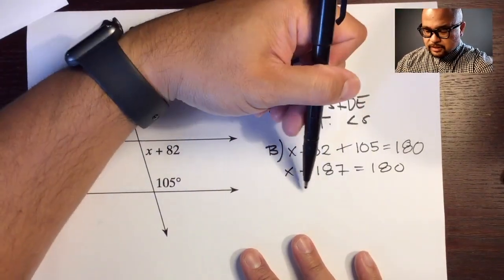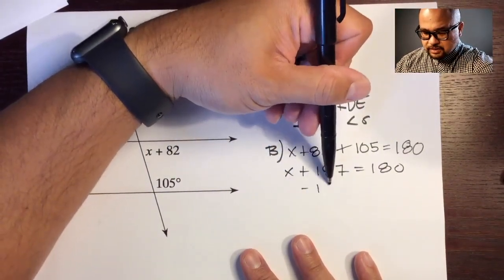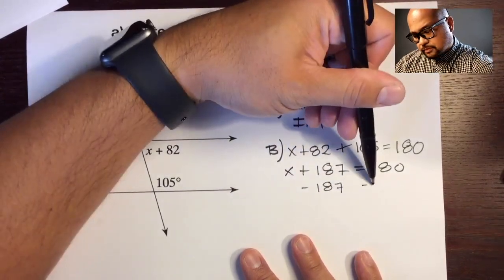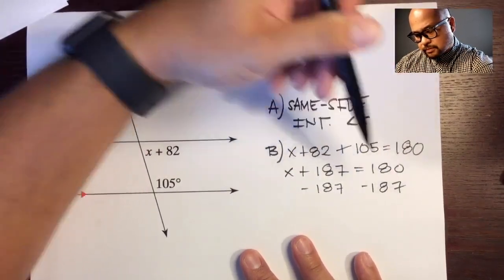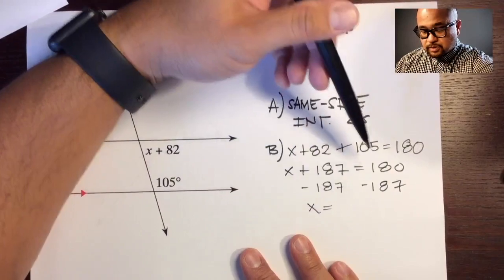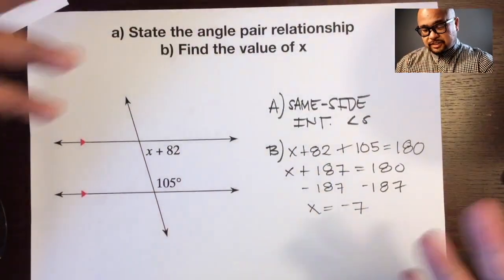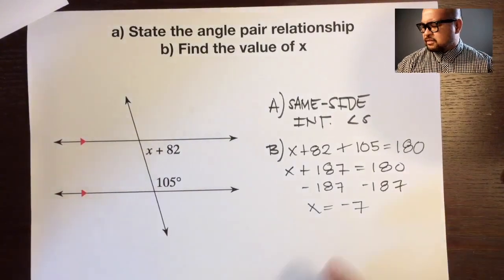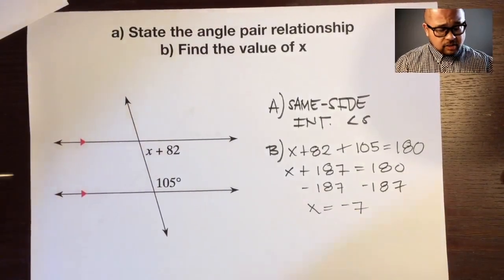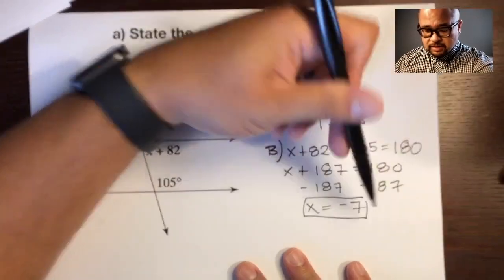Now let's subtract this 187 from both sides. And so X equals -7. Not degrees, just -7.